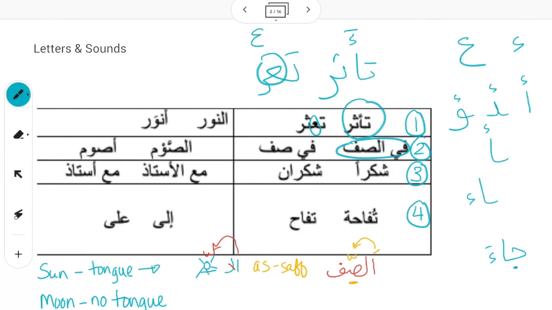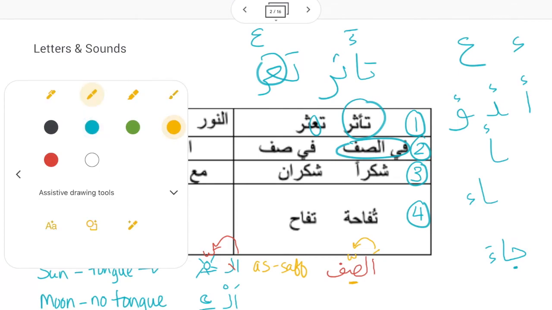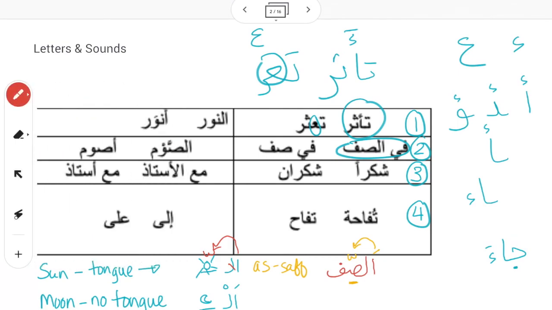Whereas in a moon letter, your tongue is not being used to pronounce that letter. So if we have alif lam and a letter that's a moon letter, we simply pronounce it al and then whatever that letter is. Okay, so let's do an example.